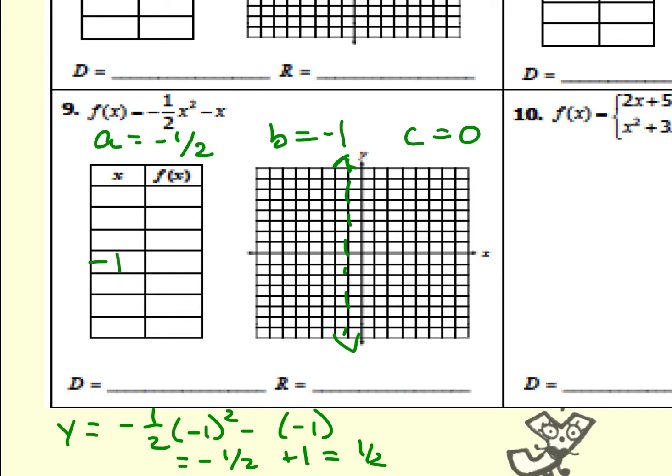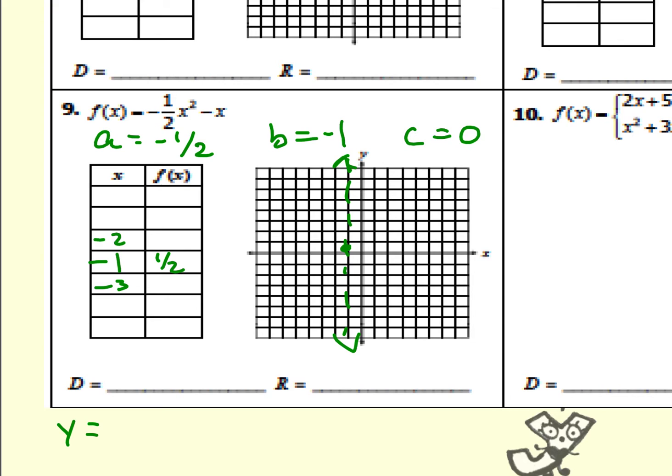Okay, so if I go ahead and graph that, negative 1, positive 1 half, I get a point that's right about there. And then I'm going to use symmetry to find some other points. So I'm going to do negative 2 and negative 3 for my x values. And I'm going to plug those in.